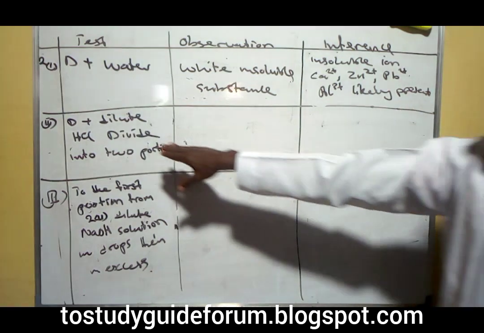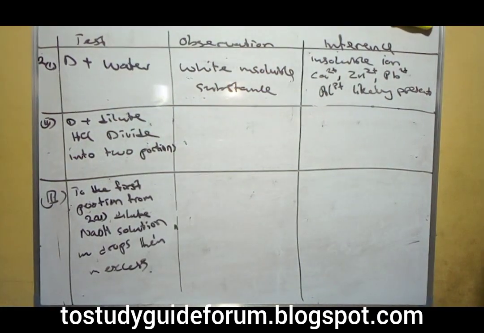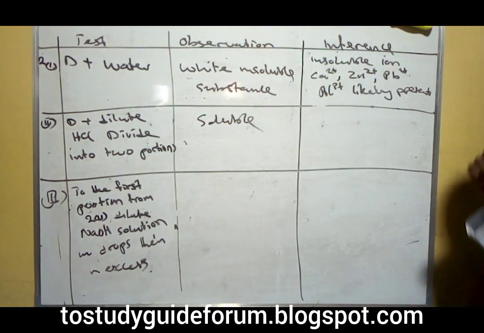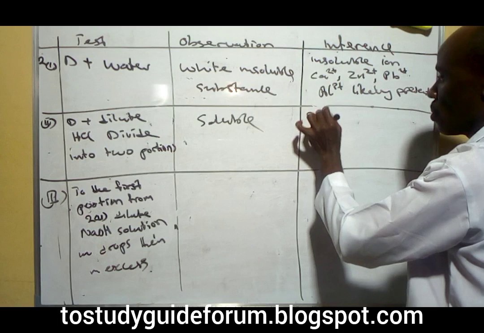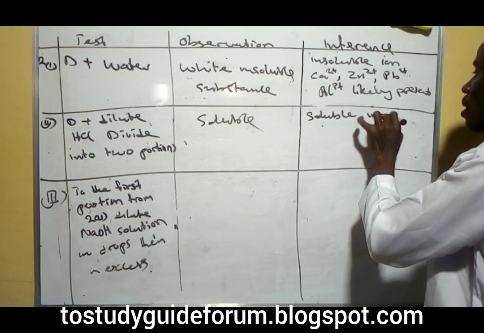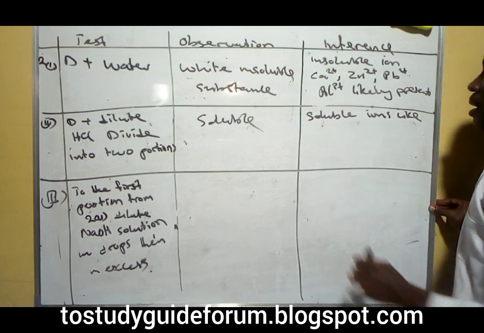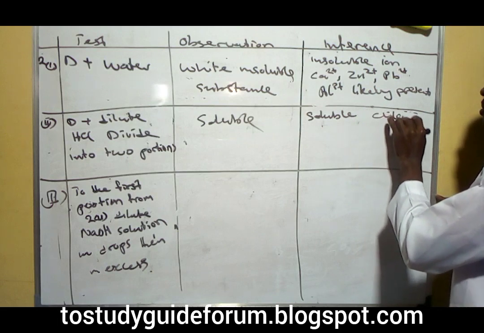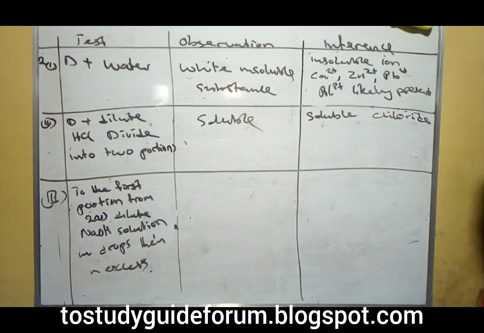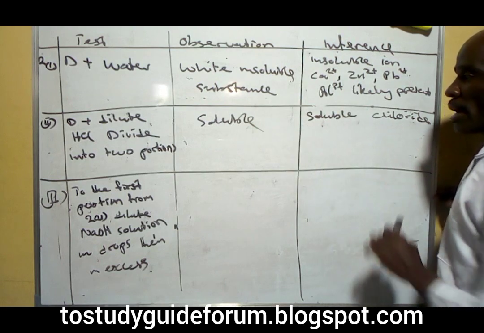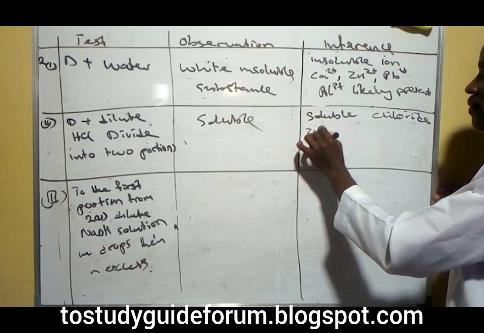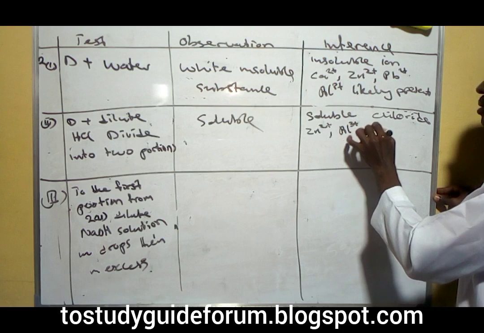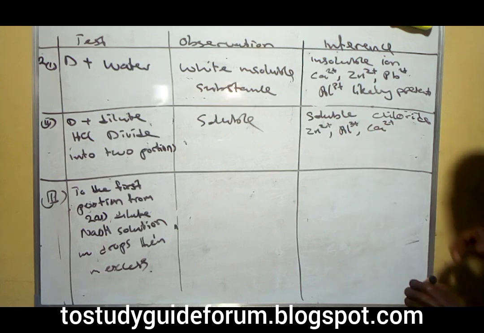To this other one, we add dilute hydrochloric acid. We divide it into two portions. When we add it, we find out that it is soluble, which means soluble chlorides, chlorides like that of zinc, aluminium, calcium.